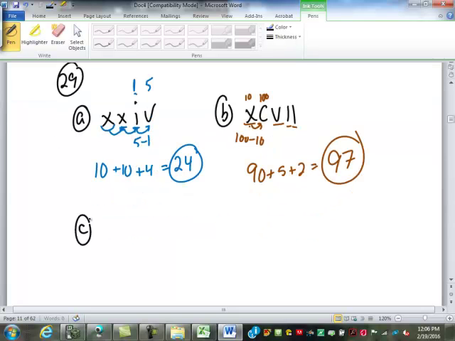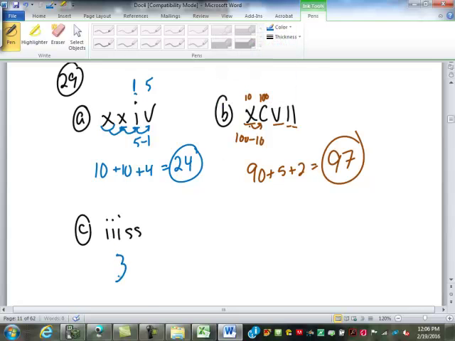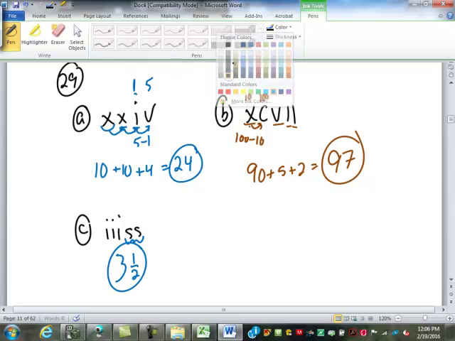And C, IIISS. Of course, III is 3. A lot of people confused S as being 1/2. It's not. SS is 1/2. So those two combine to make 1/2. Some people put it in there as 3 plus 1/2 plus 1/2 and made it a 4. But it's the two S's together make 1/2, not each of them. So that ends up being 3.5 as our answer.